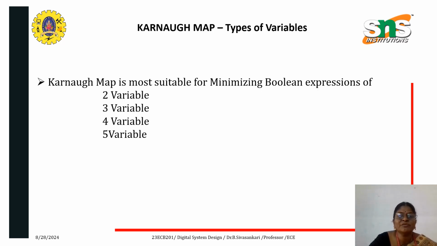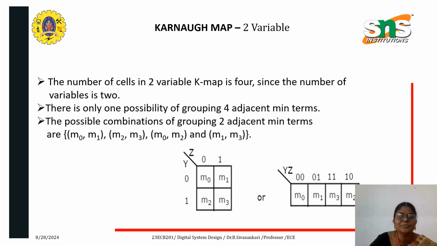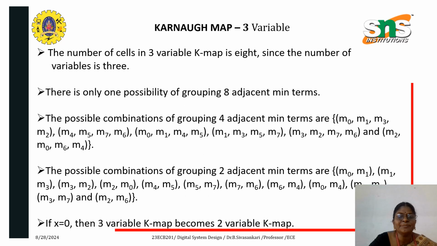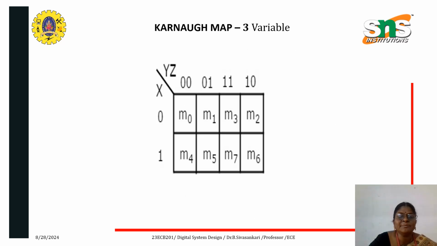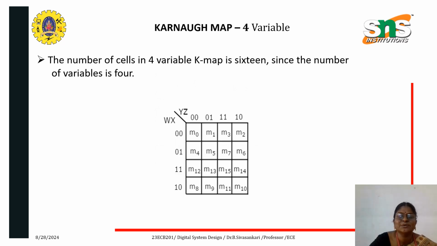So there are types of K-maps: 2 variable, 3 variable, 4 variable and 5 variable. A 2 variable map consists of 4 boxes, labelled 0, 1, X and Y. A 3 variable map consists of 8 boxes, like 000, 001, 011, 010, 110, and so on. And a 4 variable map consists of 16 boxes.